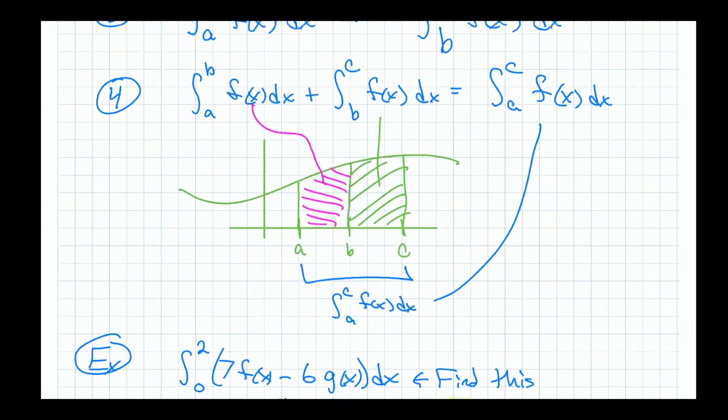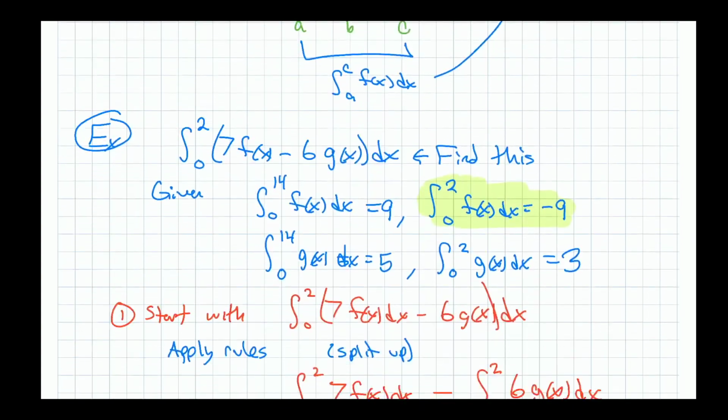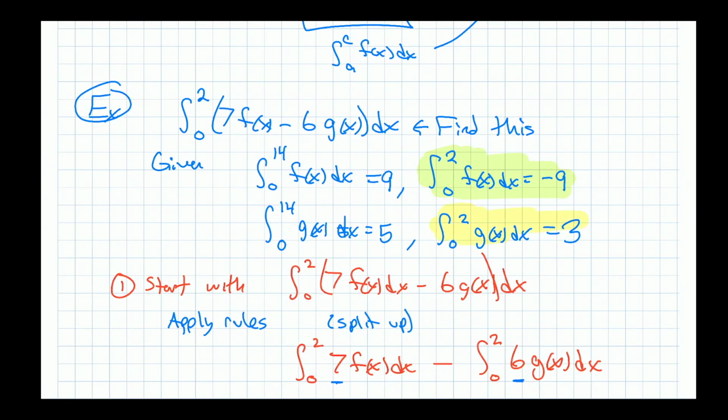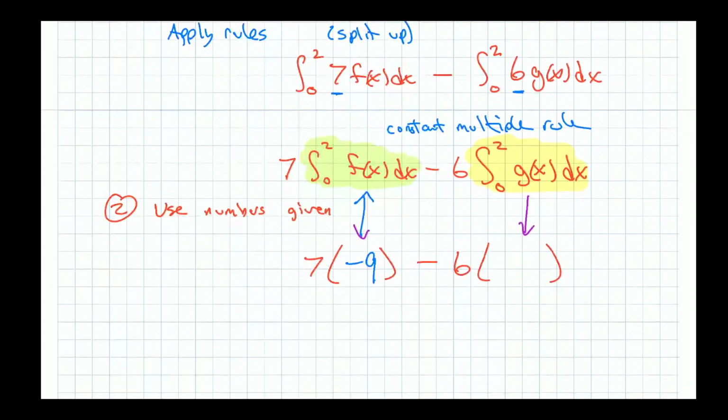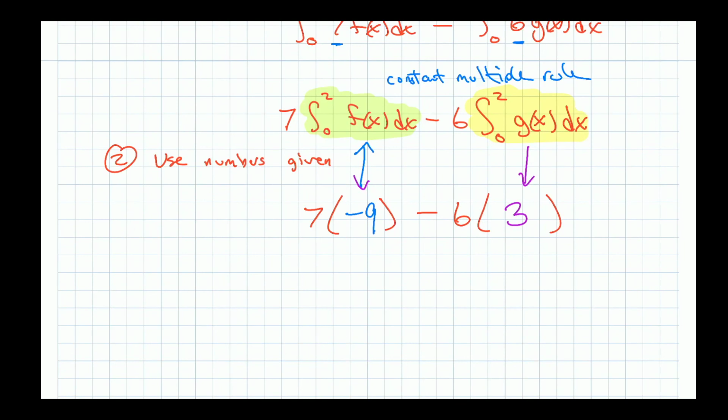It looks like it's right here. That's 3. So you put in a 3, and then you just add this up. So this is simply going to be 7 times negative 9, which is negative 63, minus 18. What's that? Negative 81, I think.